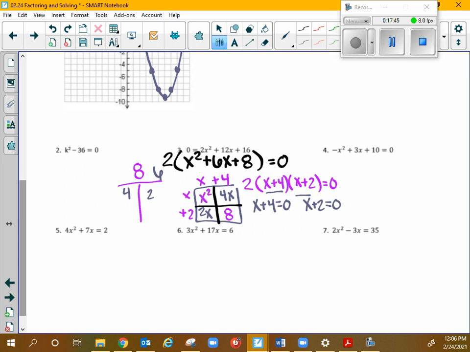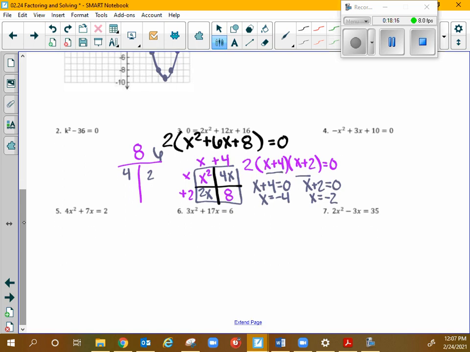What'd you get? X equals -4, and x equals -2. And that's it. All right? We just split them. It works if it's just x. You have to solve it because eventually, we're going to do number 6. If one of them is going to be 3x, it's going to end up with a prime.